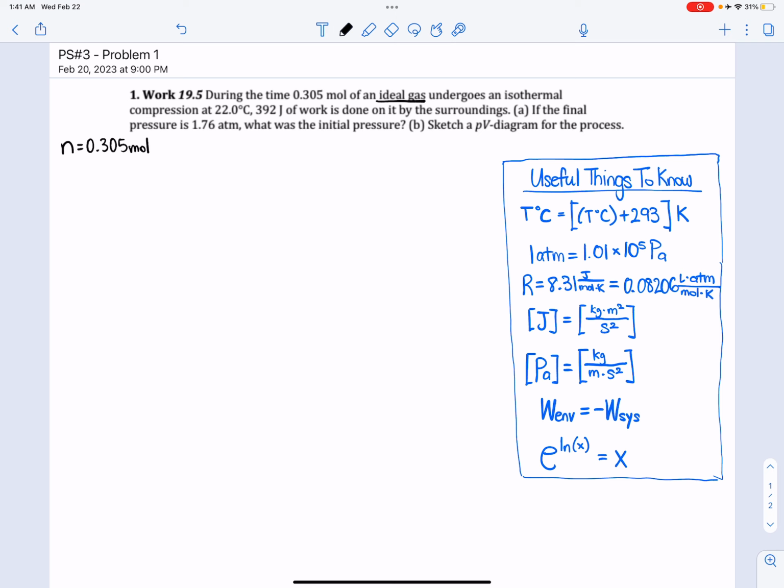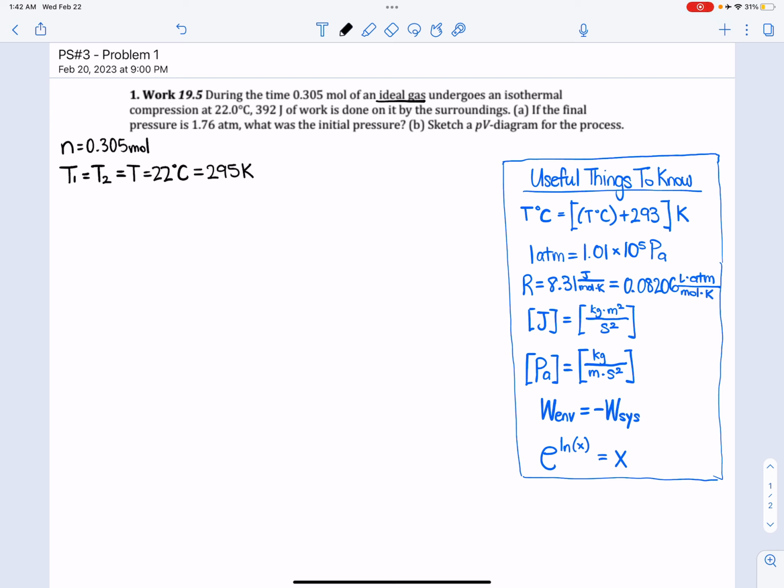So isothermal compression at 22 degrees Celsius. Whatever your initial temperature is also going to be your final temperature. Let's call that T2. Since they're equal, let's just call it T, and that will be 22 degrees Celsius. I'll go ahead and convert that to Kelvin using this formula right here. So I'm going to add 293, and that's going to be equal to 295 Kelvin.